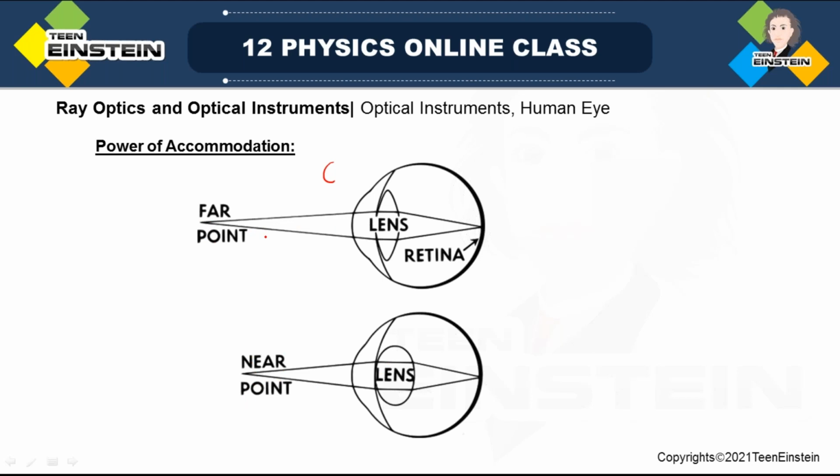Near point means a distance near to the eyes, or the minimum distance of distinct vision. This near point is called minimum distance of distinct vision.